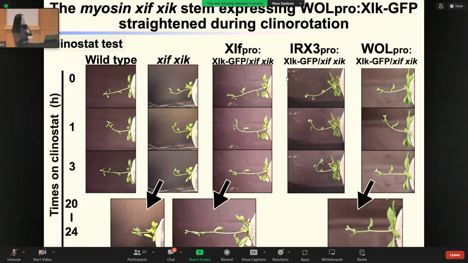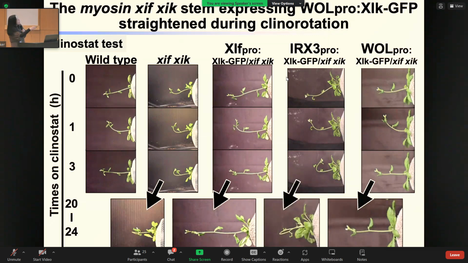The aberrant phenotype was rescued by expressing 11K under the control of the WOL promoter, as well as the 11F promoter. On the other hand, no rescue was seen in the IRX3 promoter plants, as they continued to bend.